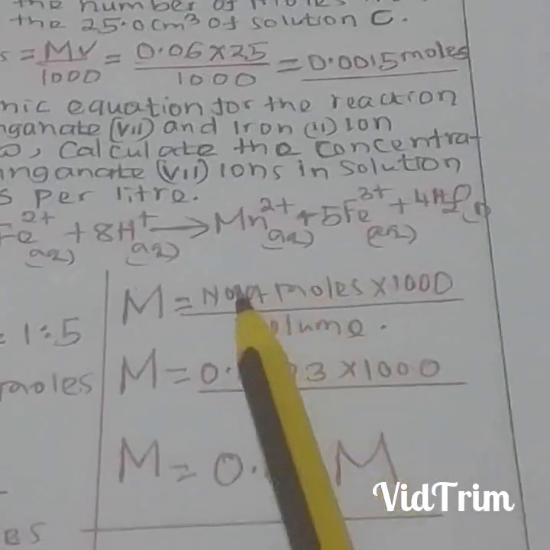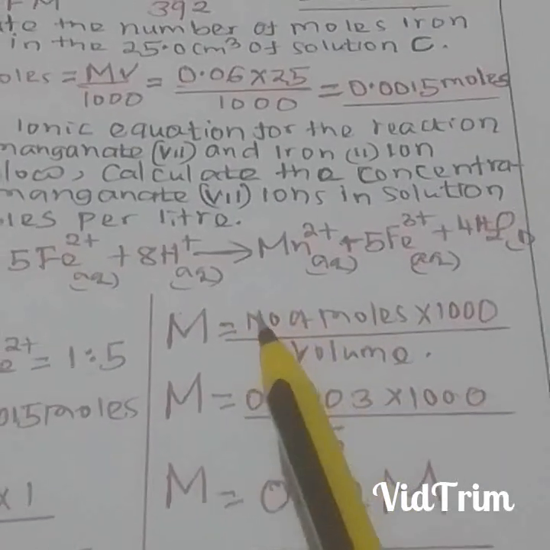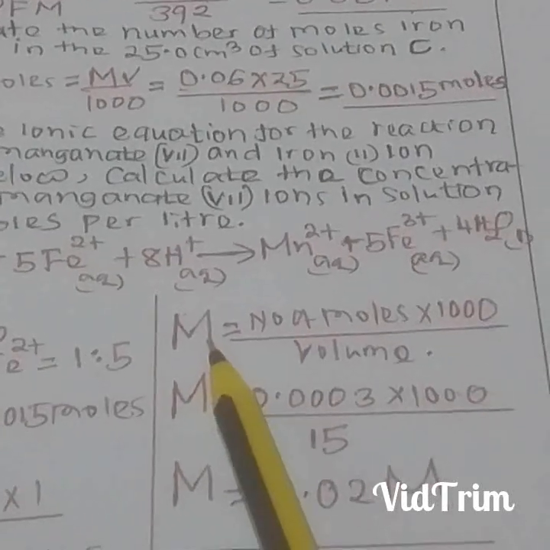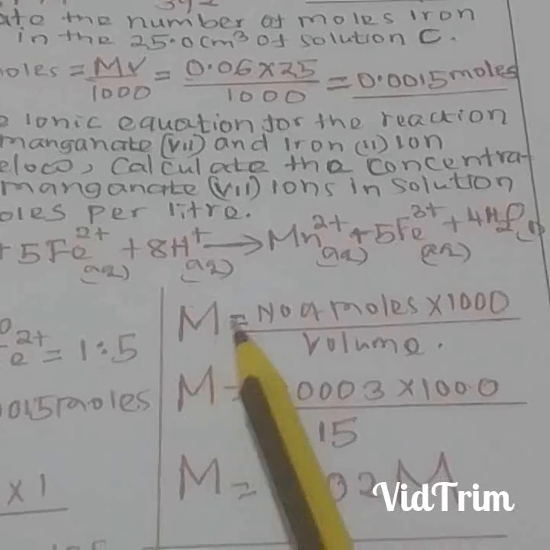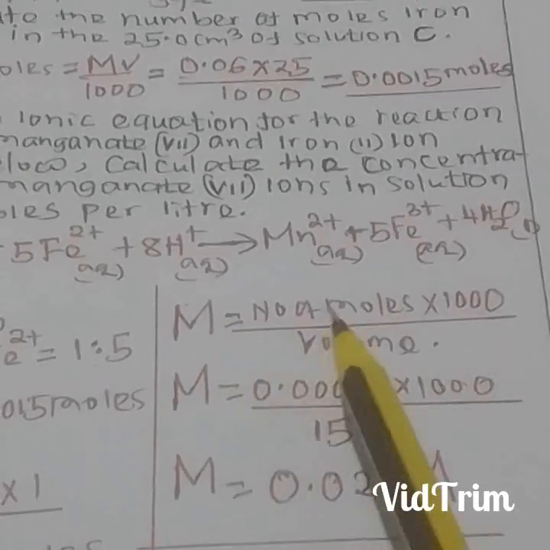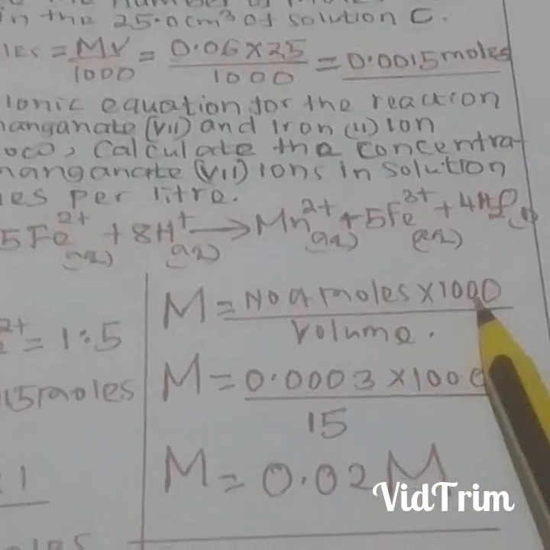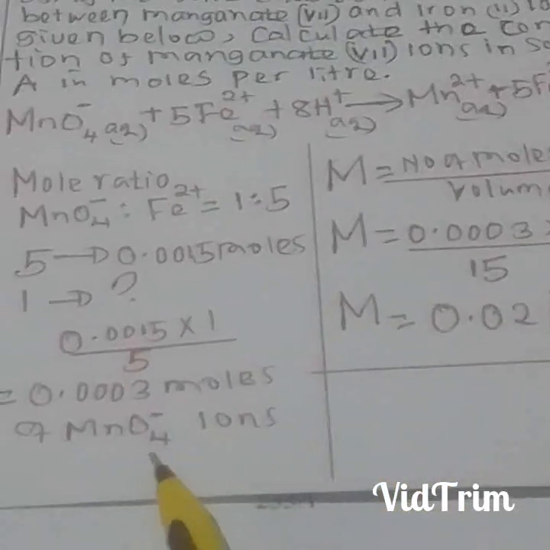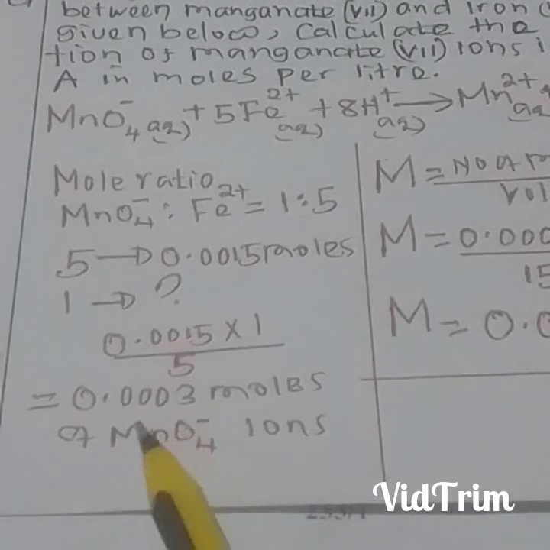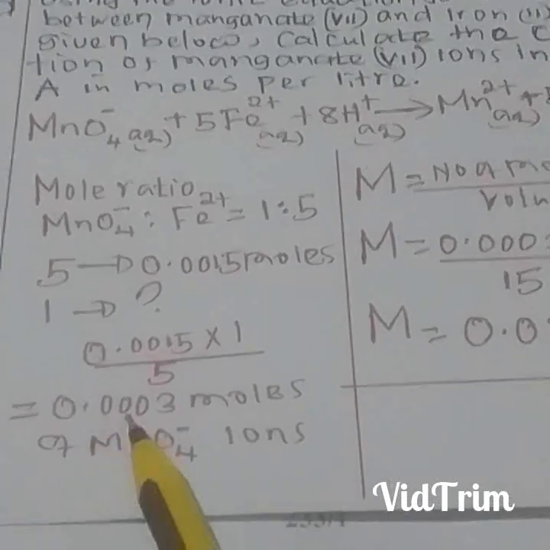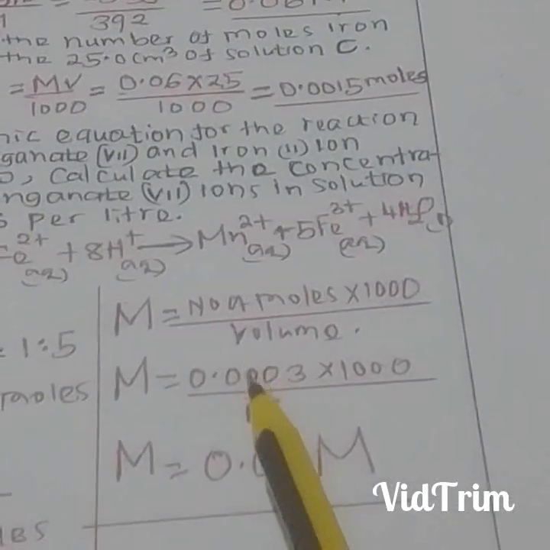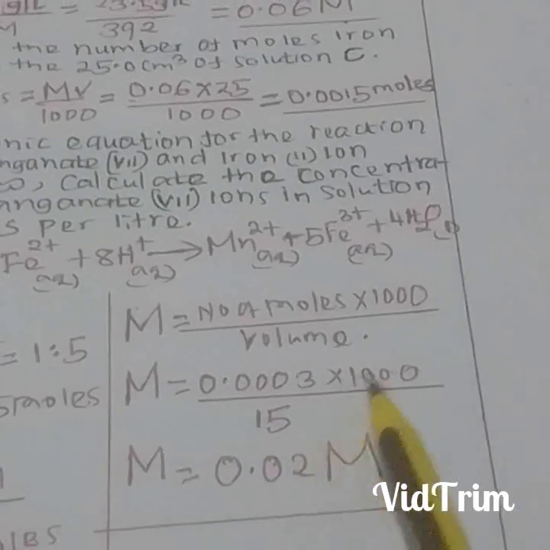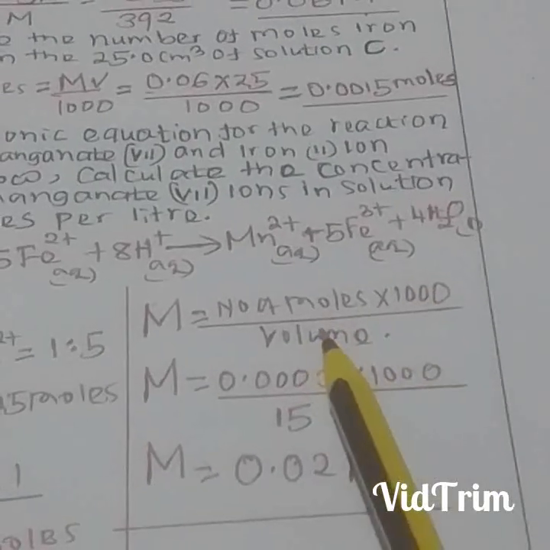So if we now know the moles of the manganate ions, we can now calculate its concentration in moles per liter, which is molarity. Remember, there is also this formula. Molarity is equal to number of moles times 1000 all over volume. But what are the number of moles of the manganate ion? Look here, my student. We have been given 0.0003 moles. So the number of moles is 0.0003 moles times 1000 all over volume.